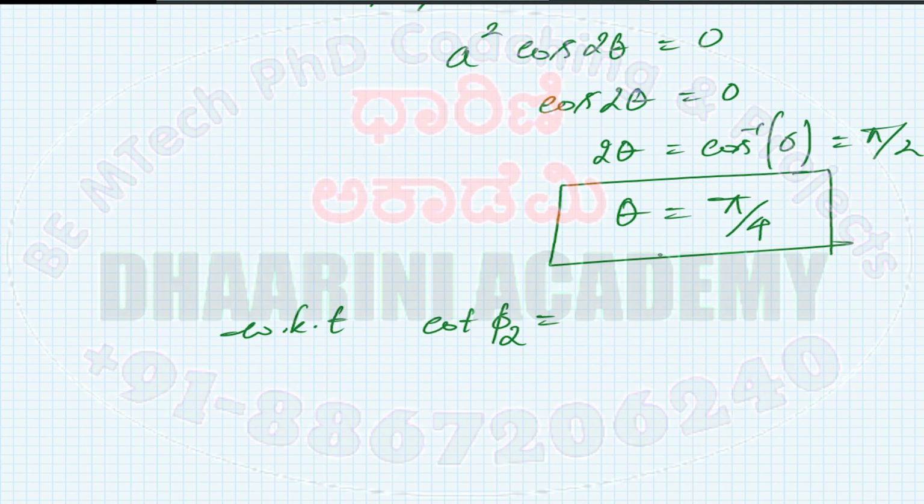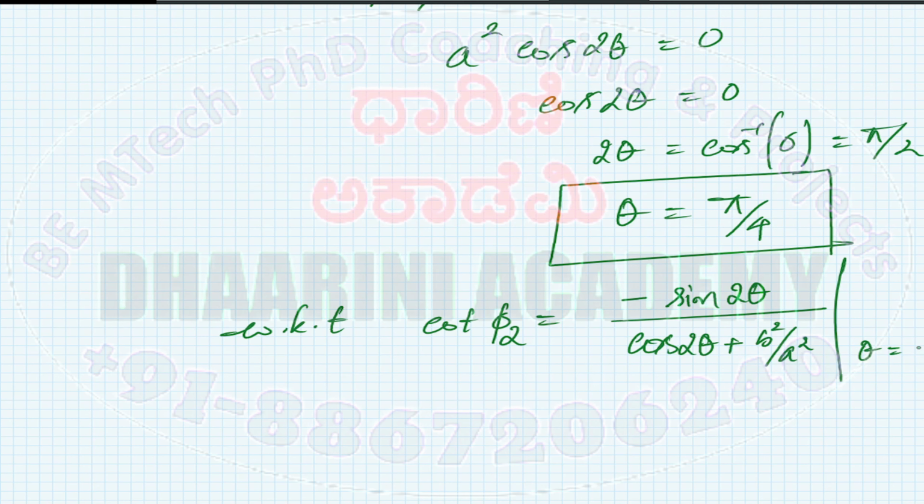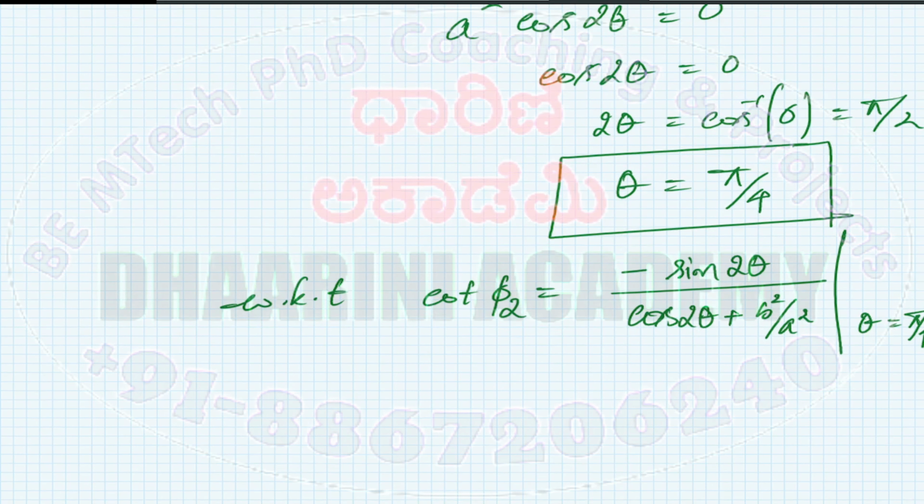Minus sine 2 theta, whole divided by cos 2 theta plus b square by a square. So substitute, and now I need to put theta equal to pi by 4.